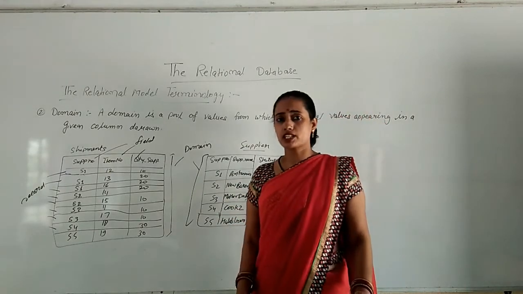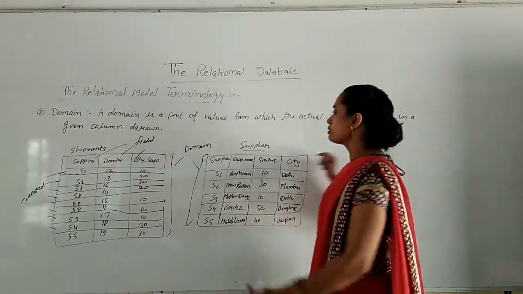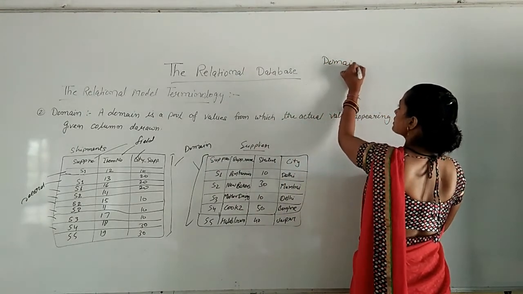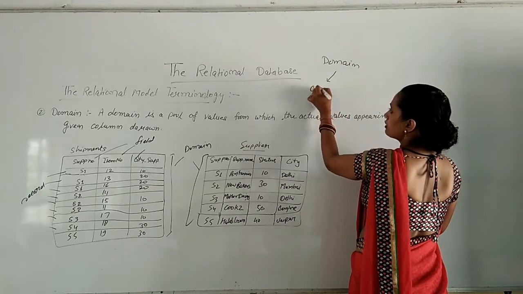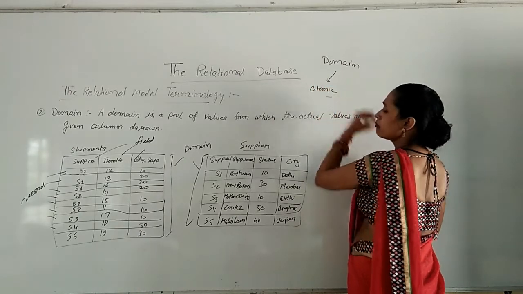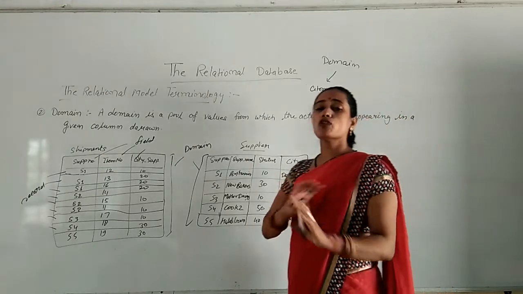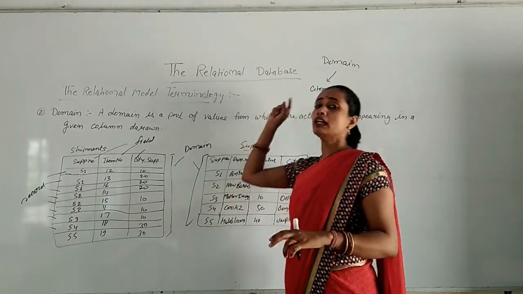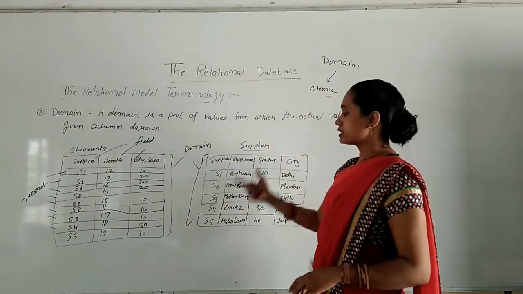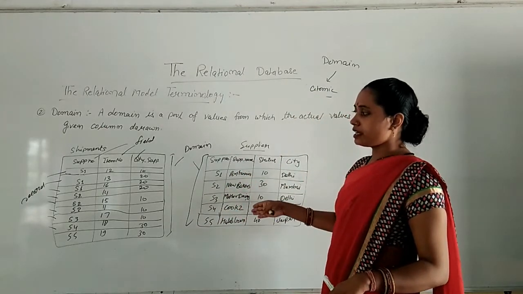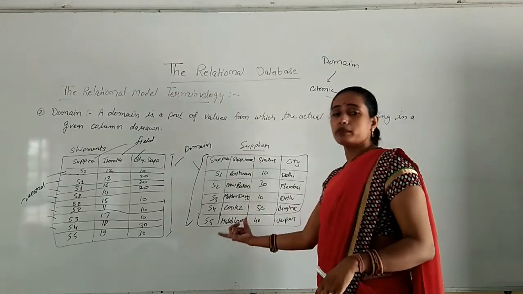There is no repetition. When you are entering individual units with no repetition, that is called an atomic domain.